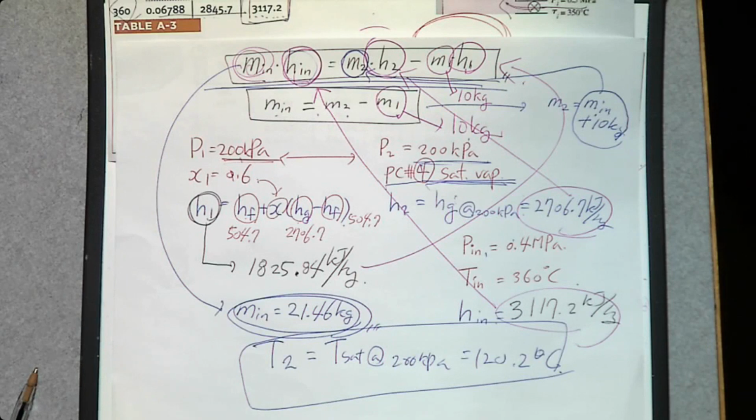We already know H in, H2, and this one is H1. So we have H1, H2, H in, and we already know M1. We have everything but M in and M2. So you have two unknowns and two equations, and you can combine these two equations to determine M in.